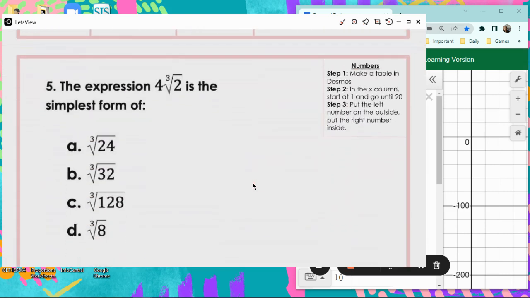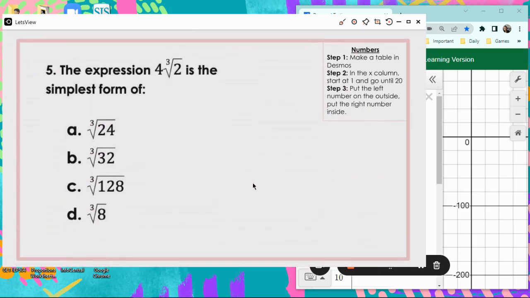All right, for number 5, this is actually an old SOL question. So my advice would be to try out all of these answer choices, is to simplify all of these in Desmos to see which one is going to match for cube root of 2.